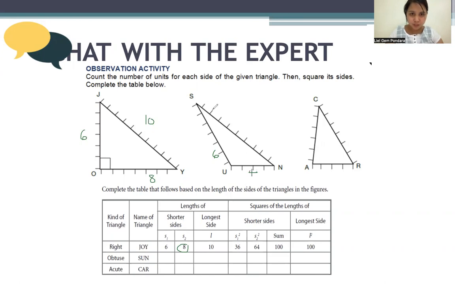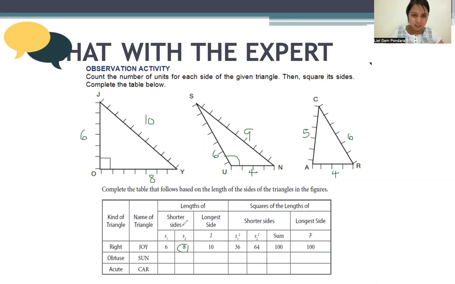The other is 1, 2, 3, 4, 5, 6, 7, 8, 9. This is an example of an obtuse triangle. The last one, 1, 2, 3, 4, 5. Then 1, 2, 3, 4. The other is 1, 2, 3, 4, 5, 6.